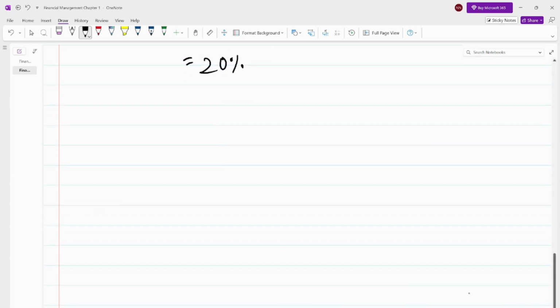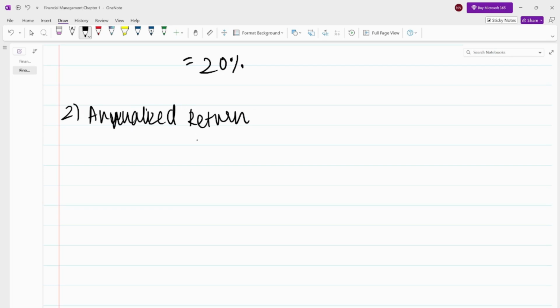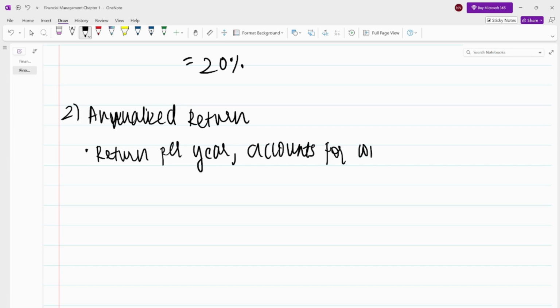So let's move to the next return, that is annualized return. What annualized return basically does is it measures return per year. It accounts for compounding over time.